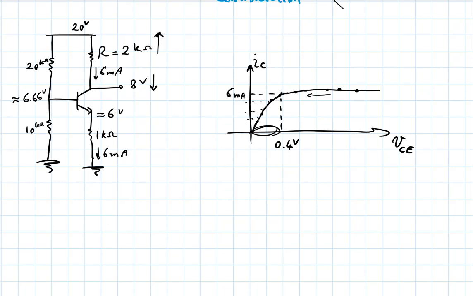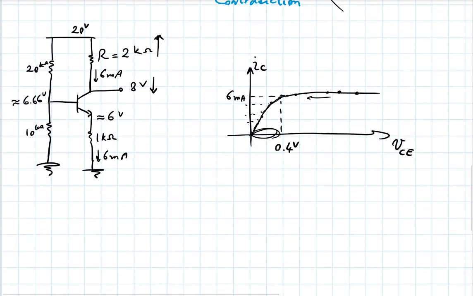How do I get the value of the collector current then? So imagine, let's say the original example, I have a 10 kilo ohm resistor here. What is that collector voltage?